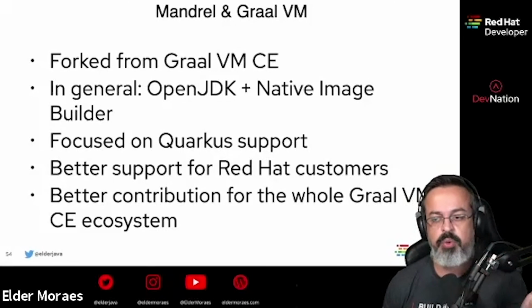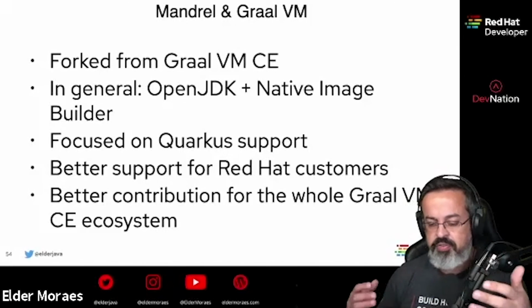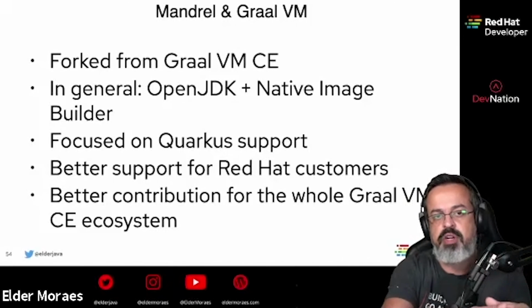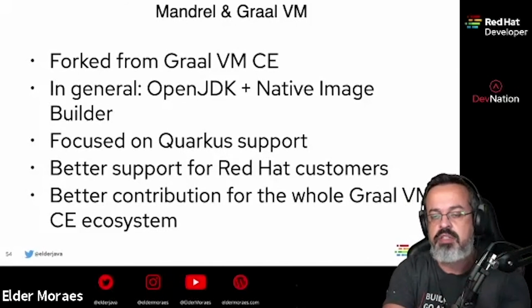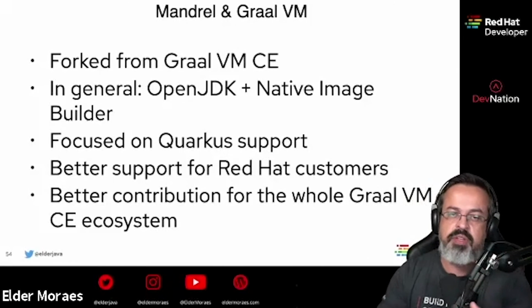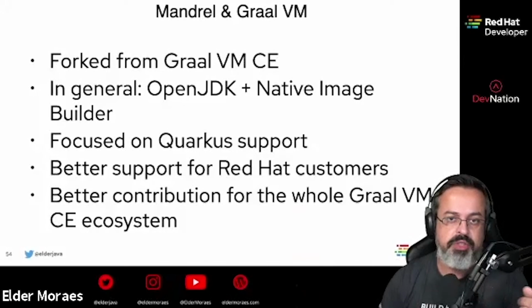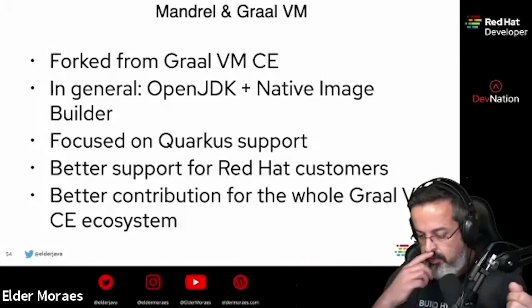So we are improving our support for our customers, we improve the support for Quarkus generating native image, and we are improving the GraalVM Community Edition project itself. All right.